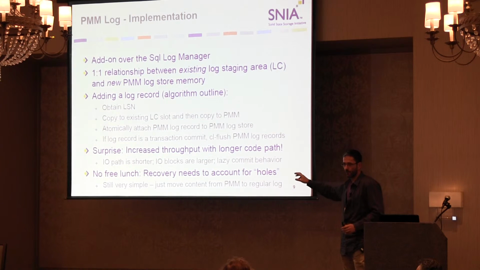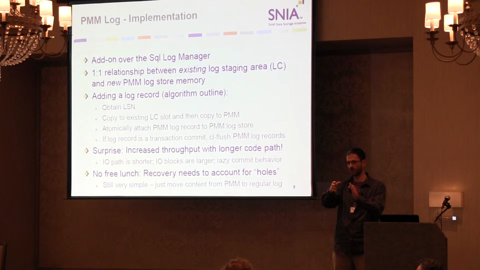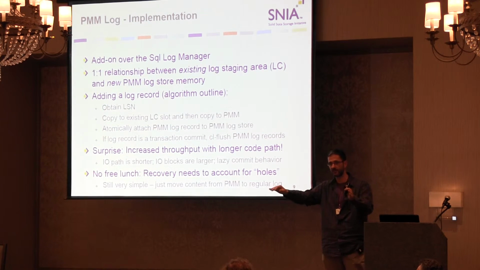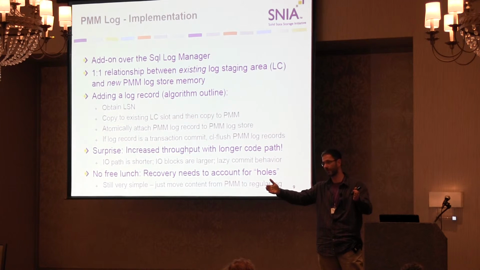But you do have to modify recovery, right? Because it is possible that when you are filling your PMM memory, some transactions have committed ahead of others, and then you crashed. You had blocks that have not been filled behind blocks that have been filled. And this situation of holes inside of the log stream would not have existed in a traditional implementation, which always sends out full pages to the IO subsystem, right?